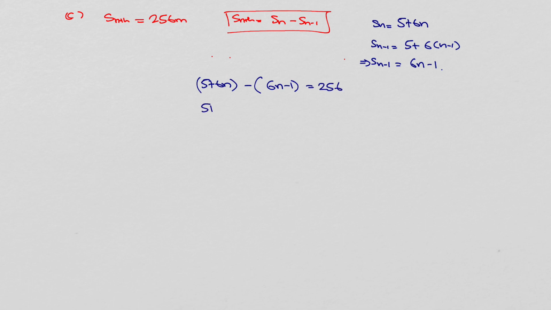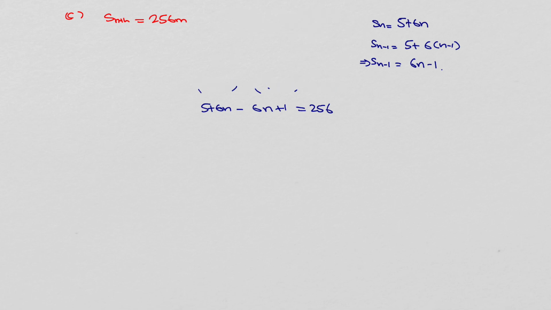And therefore that's 5 plus 6n minus 6n plus 1 equals 256. The question is during which 2 consecutive seconds. I've just read the question wrong there. That's my fault. Apologies.